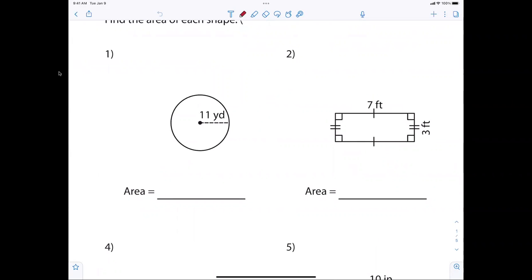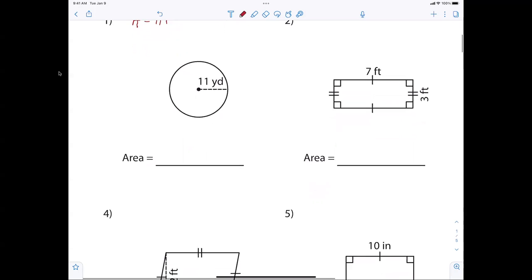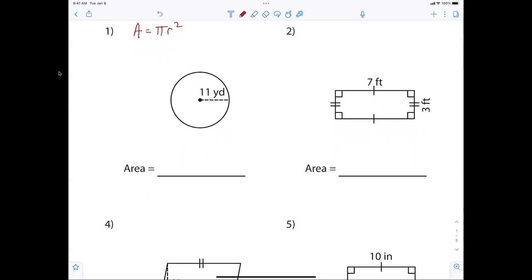Who remembers what the formula for area of a circle is? Do you remember? You're awesome. So everybody put that down. Area equals pi r squared. So now area equals pi times, what's the radius? 11.